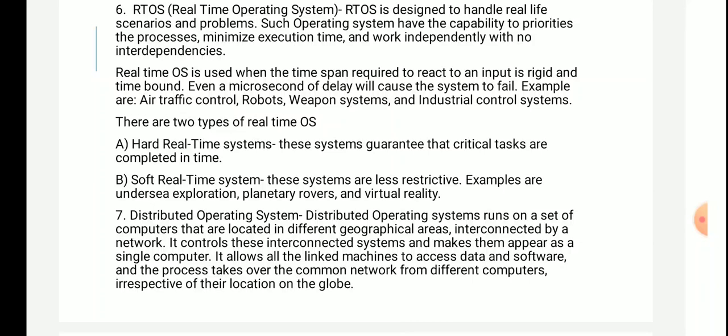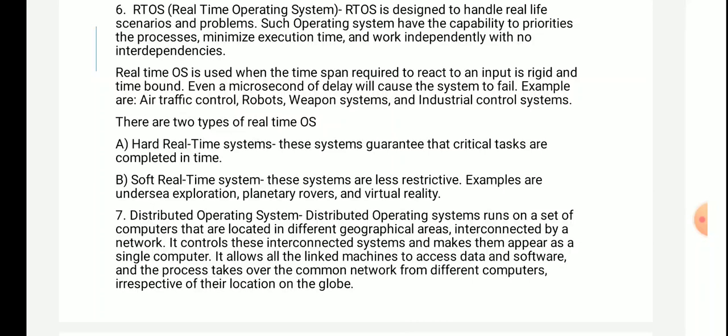The person who is searching for one piece of information in one country and another person in a different country will get the same information, because there is only one computer which is keeping this information. So these types of operating systems are known as distributed operating systems.